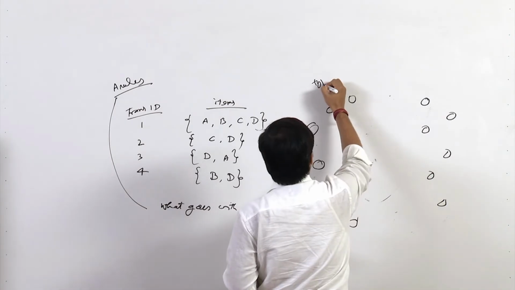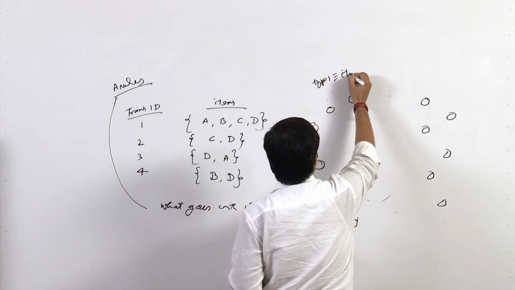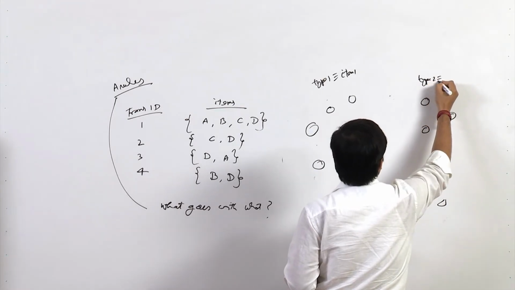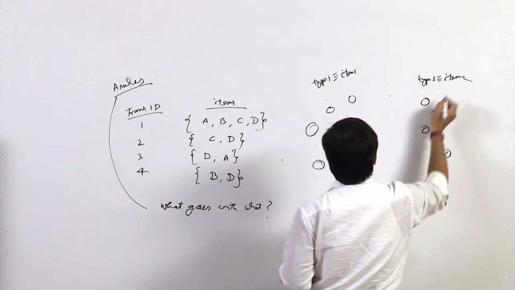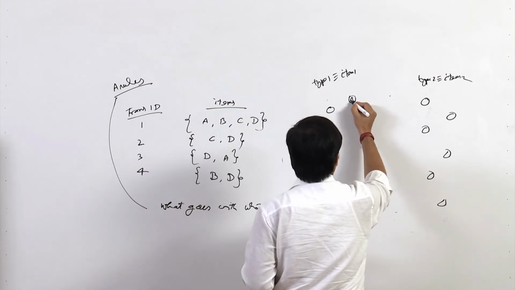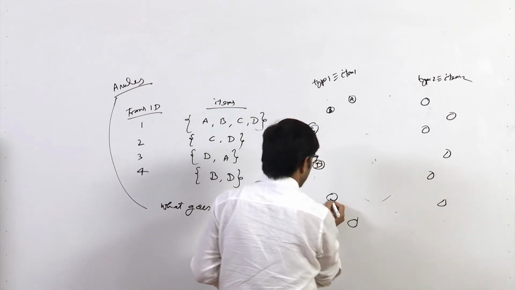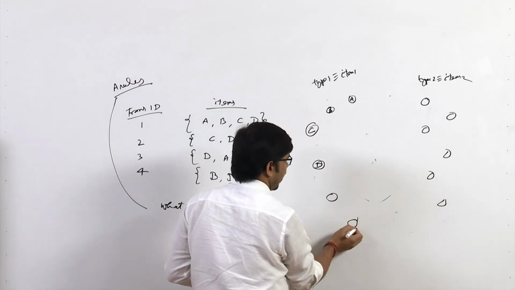Type 1 is for item 1, and type 2 is for item 2, right. These are represented by these elements A, B, C, D in this fashion.